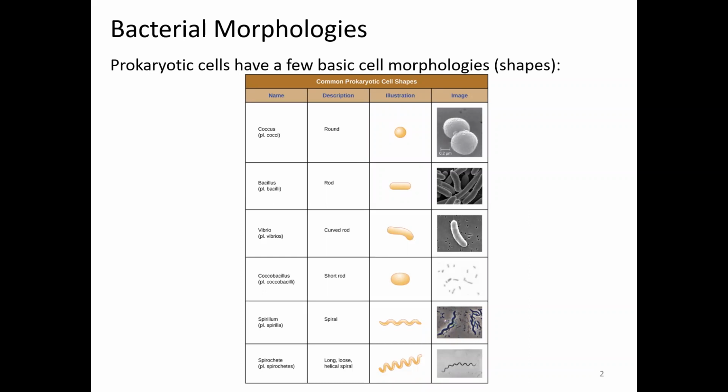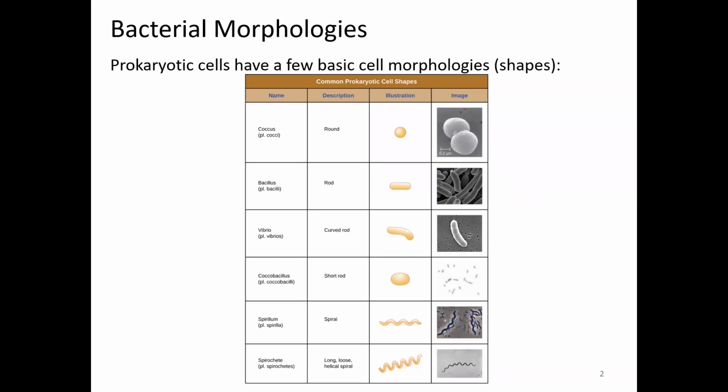Okay, if they are more rod-shaped, then the singular term is bacillus. The plural term is bacilli. And you can see that in the second row of cell shapes. The third major category is spiral-shaped cells, but of course, got to make things a little complicated for you.